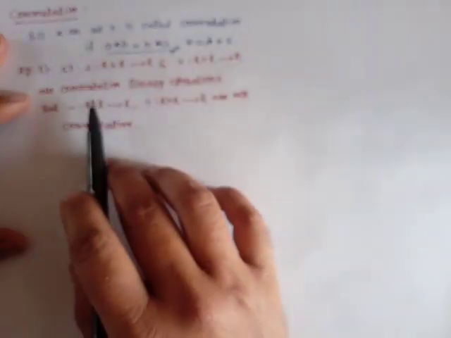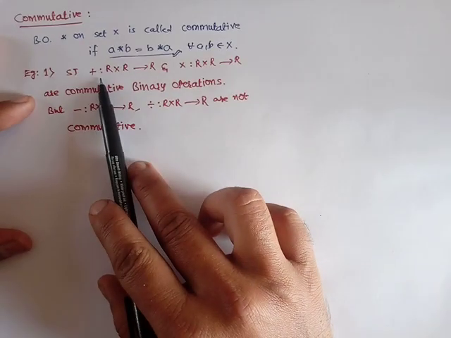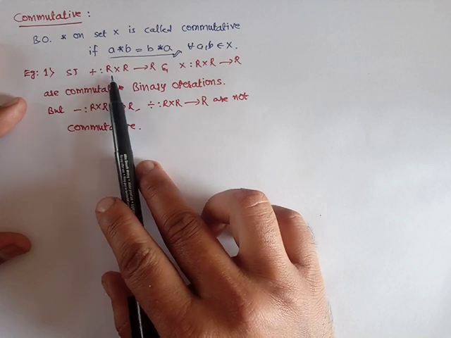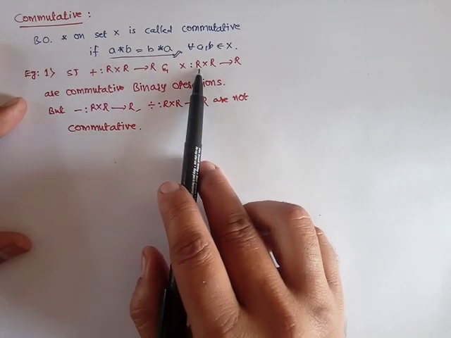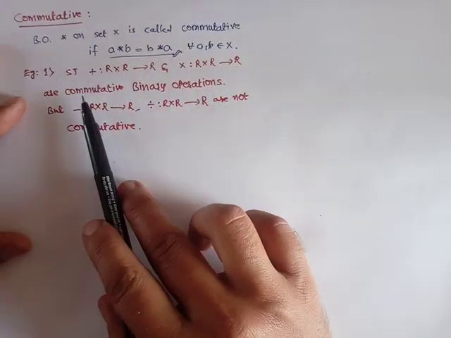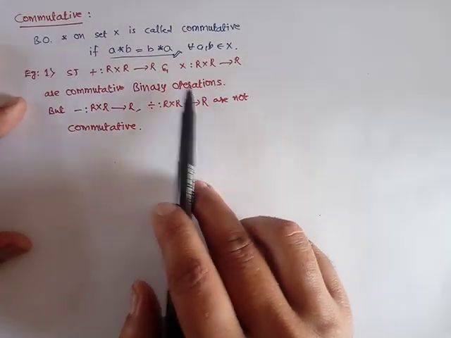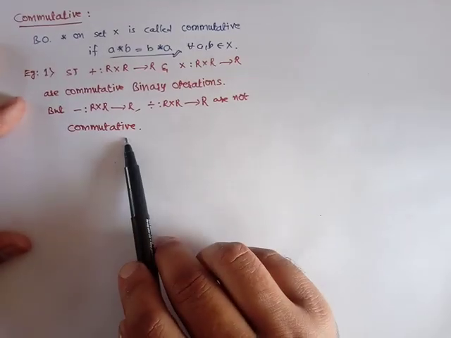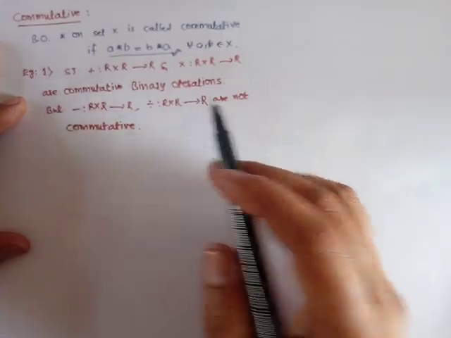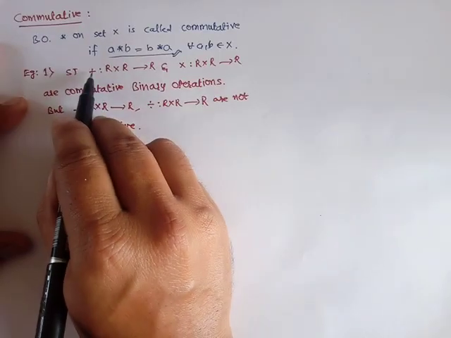Coming to the question, show that plus is a mapping from R cross R to R, and multiplication from R cross R to R are commutative binary operations, but minus and division are not commutative binary operations. Let us see what is meant by addition.